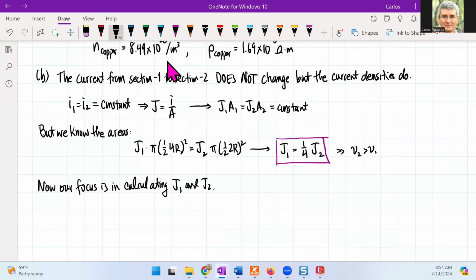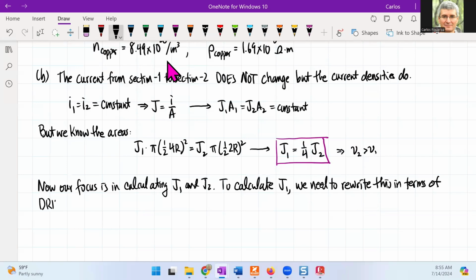So to calculate J1, we need to rewrite this in terms of the drift speed.